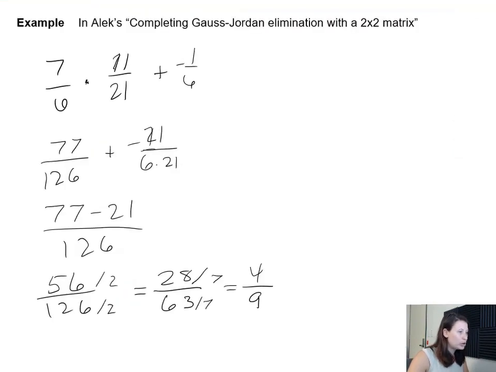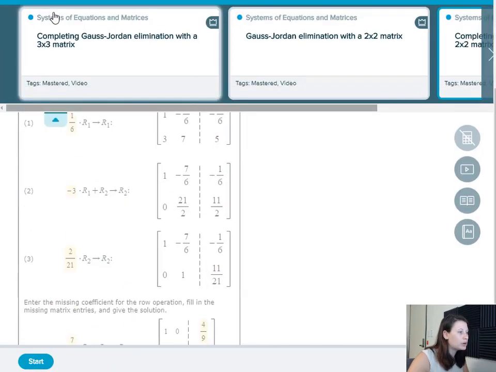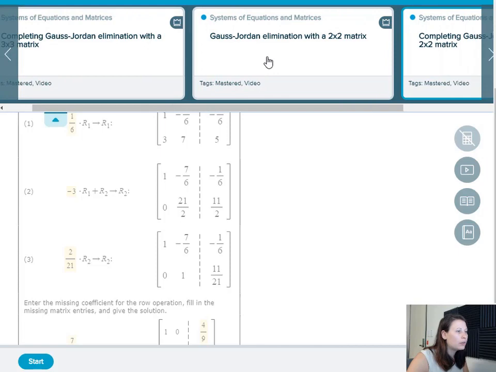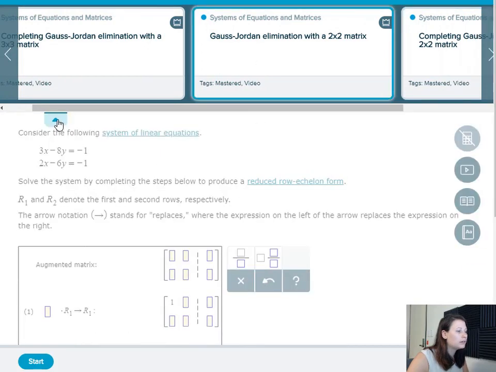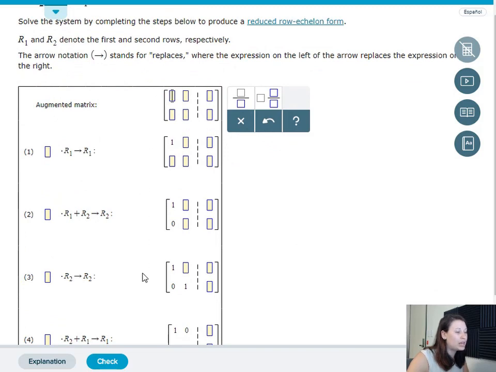Okay, so then the next example is Gauss-Jordan elimination with a 2x2 matrix. That's just one of those other ones that we had right here. So this is you doing all those steps on your own, okay? So it's telling you what to do though.